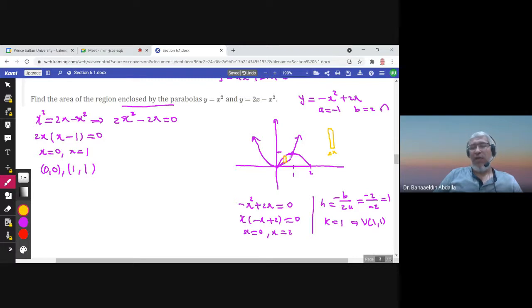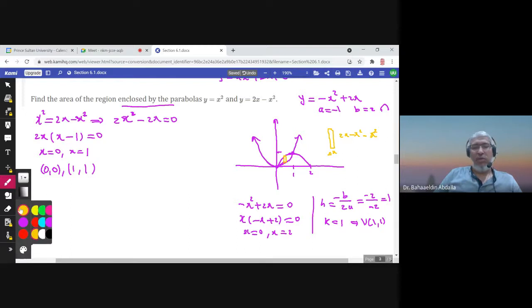And the length of the rectangle would be this parabola, which is 2x minus x squared, minus the parabola below, which is x squared. So this is f of x minus g of x, or y up minus y lower.